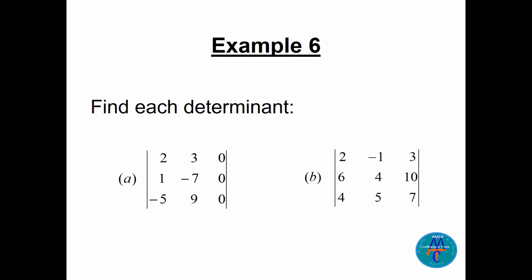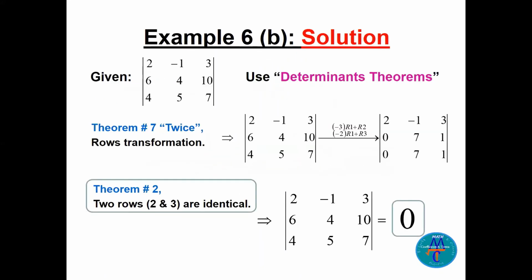You have to work with the rows here. So let me change. If 2 is there, leave it. Let me try to make some kind of triangular form. Use determinant theorems. Theorem number 7 says you can use it twice here. See, this is 6 here. Just multiply row 1 by minus 3 and add to row 2.